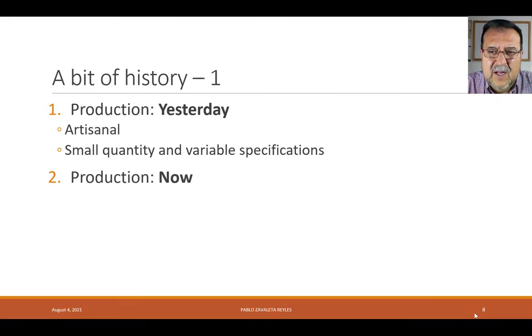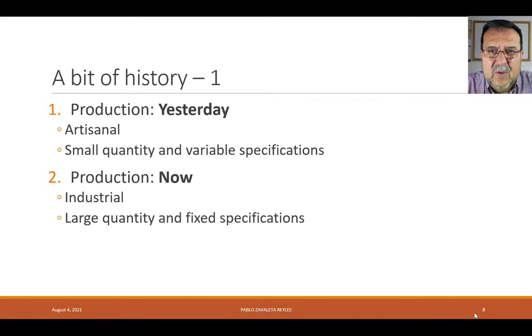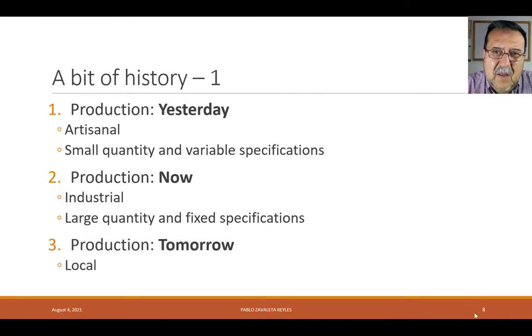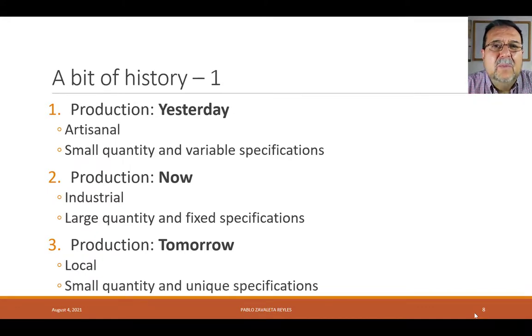Modern production is industrial. We produce large quantities with fixed specifications. But what will tomorrow's production look like? Well, it will be local, first, and second, it will be with small quantities and unique specifications. The ideal lot size is 1.